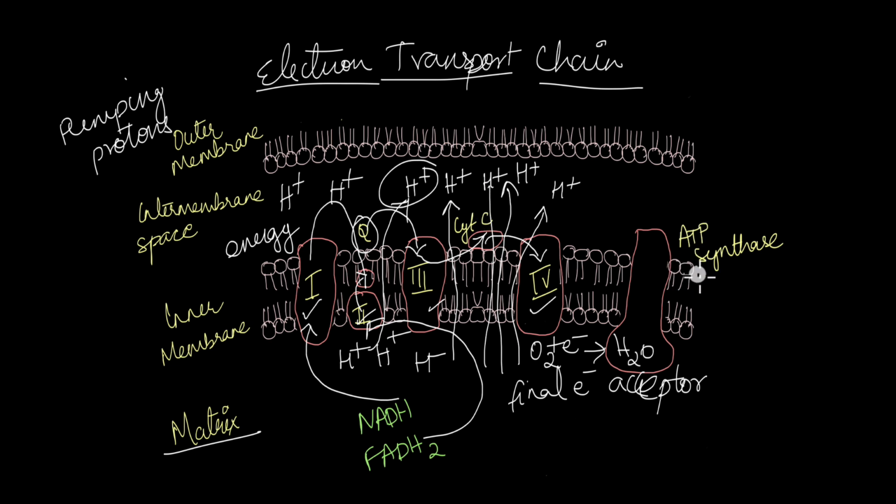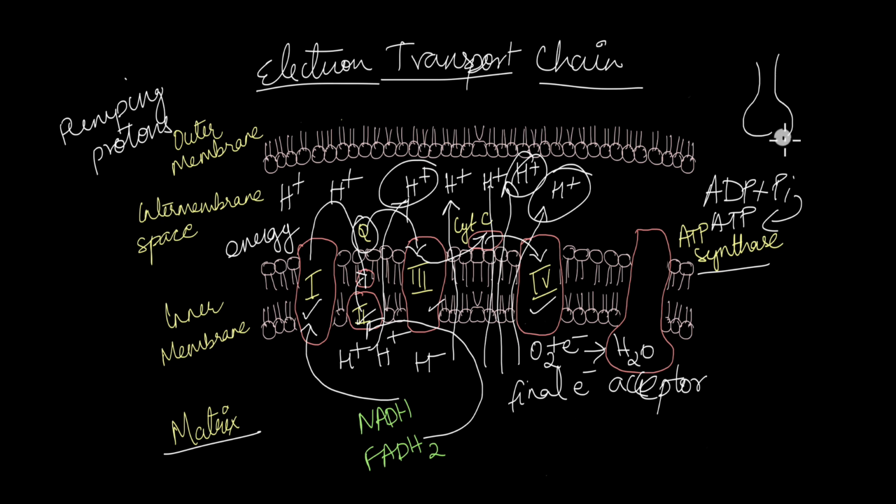That has to do with ATP synthase. You see, ATP synthase is the enzyme, the protein complex that's going to convert ADP and inorganic phosphate to give ATP. And for this ATP synthase to work, it needs the help of these protons. ATP synthase, if you remember from the video about light reaction, is like a turbine.